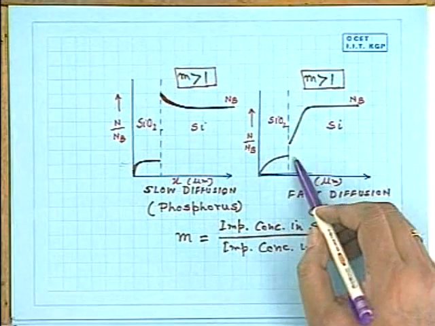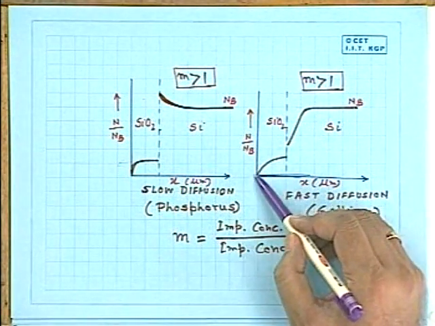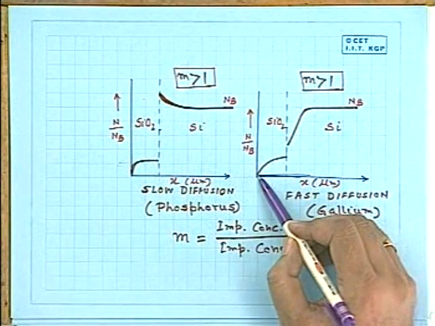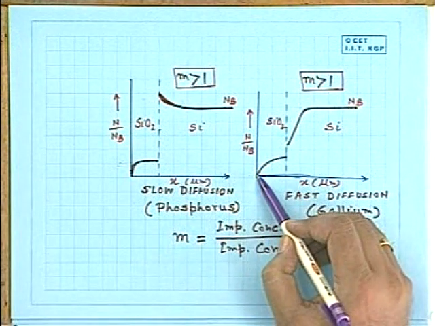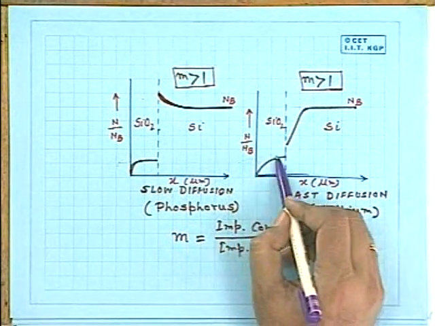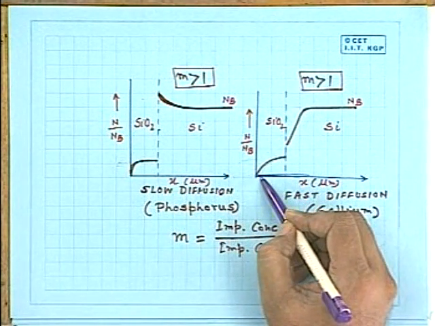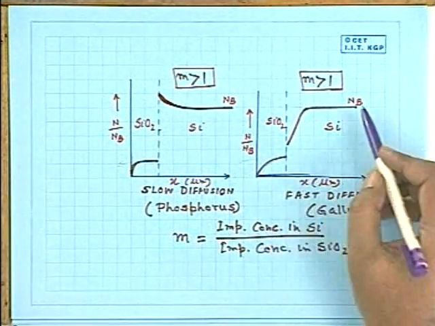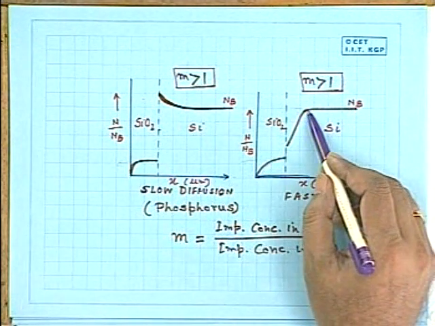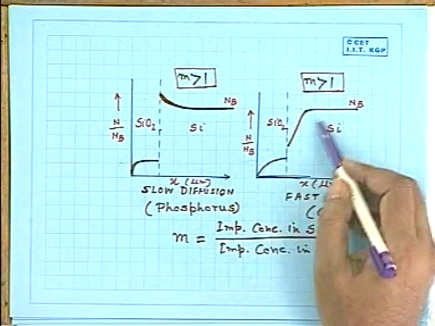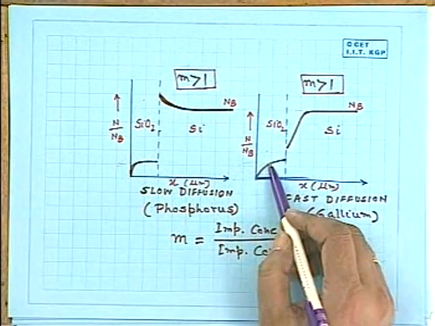Because of that, this portion of the curve at the interface, that means at the surface of silicon dioxide, is almost 0, because diffusing fast, evaporation is fast here, so it is bending like that. Similarly, here also from the bulk silicon, dopant atoms will come to the silicon dioxide. So here loss is at a faster rate into the ambient.